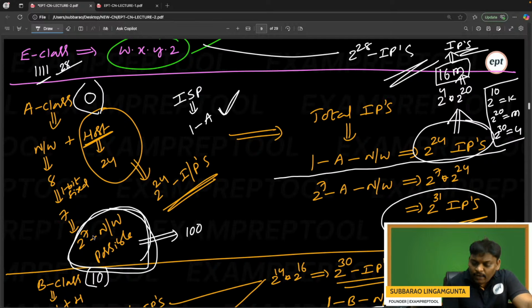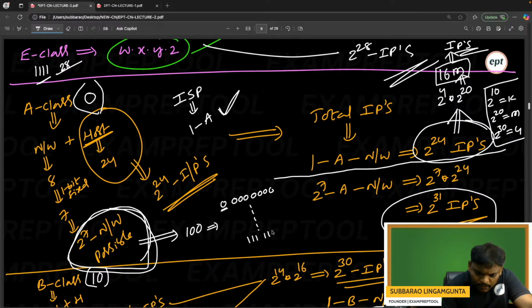You know very well, 2 power 7 are possible. The first bit is fixed, and the remaining 7 bits go from 7 zeros to 7 ones. Let me write one small line. One bit is fixed, and the rest go from 7 zeros to 7 ones.